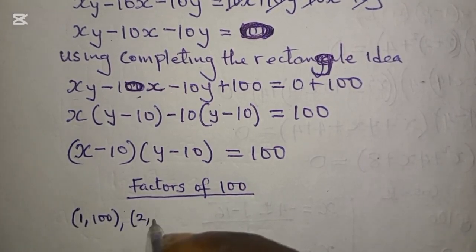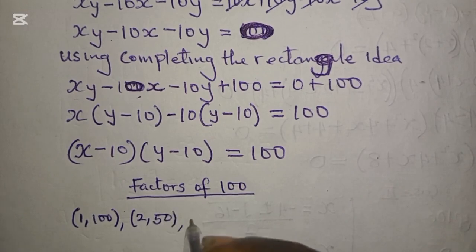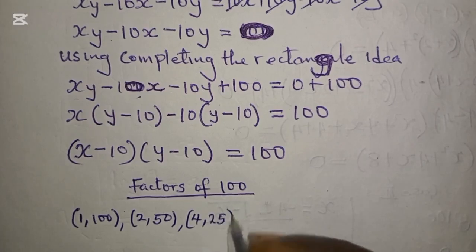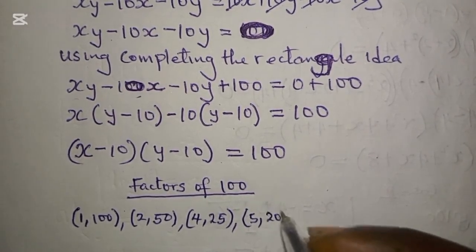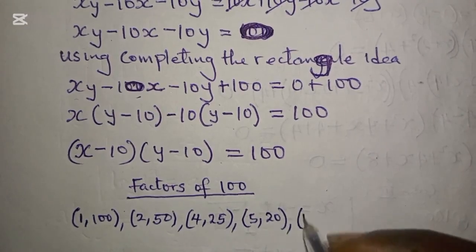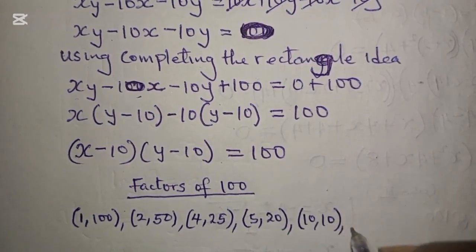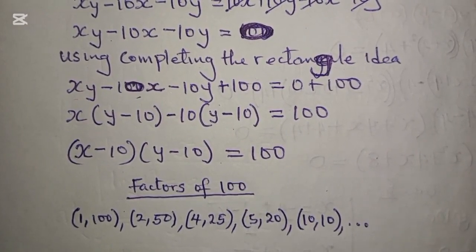We have 2 and 50. We have 4 and 25. We have 5 and 20. We have 10 and 10, and so on and so forth.